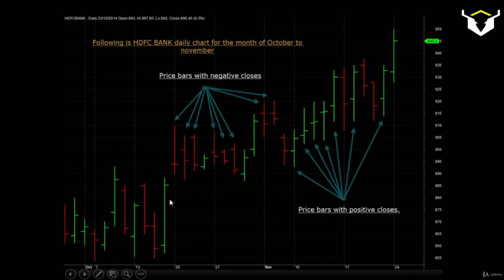Similarly, take a look at this green colored bar. It opened at 860, whereas it closed very close to 885. So the close was above its open, hence a green colored bar. Similarly, all these green colored bars are days where the close was above its open, and all these red colored bars are days where the close was below its open.